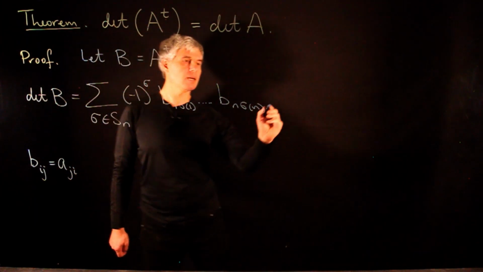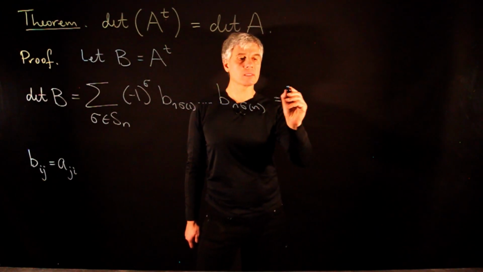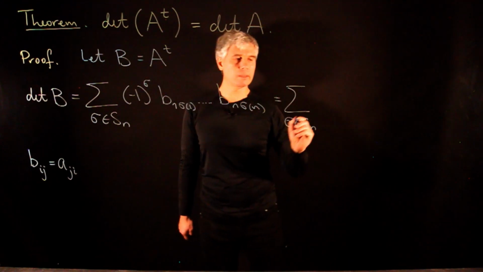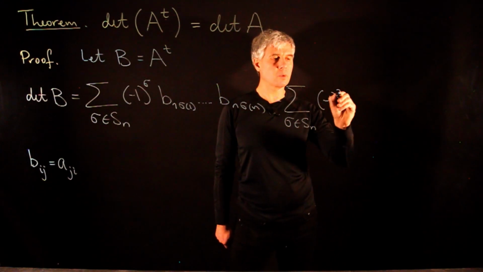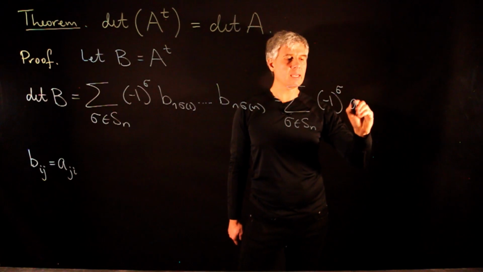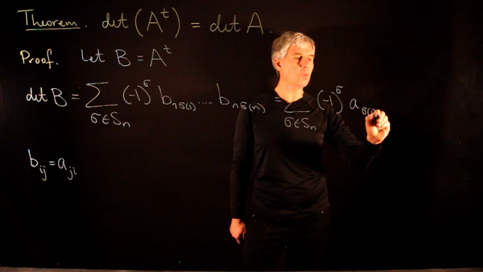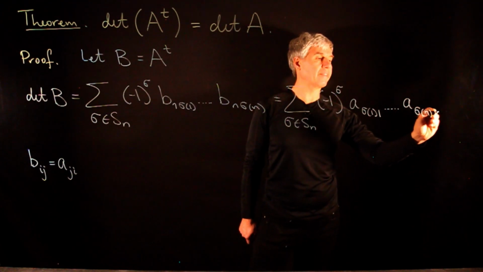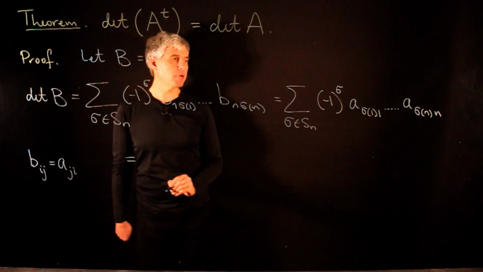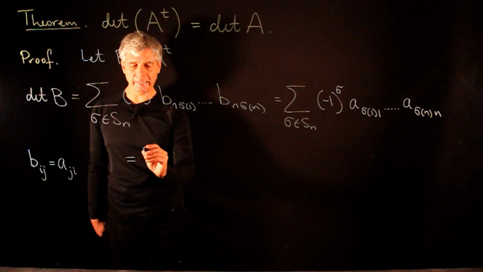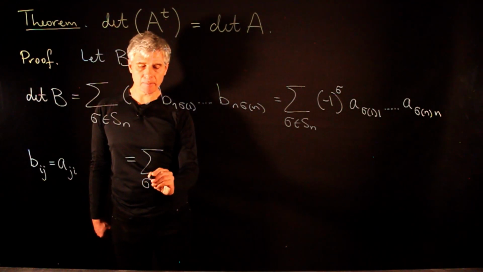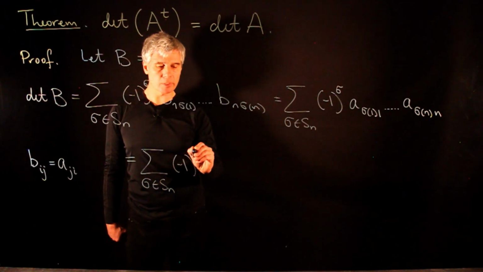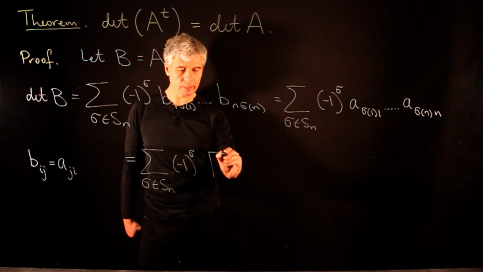So this sum can then be written as the sum over sigma in S_n of (-1) to the power of sigma, a sigma of 1, 1, dot dot dot, a sigma of n, n. Now there is another way of writing this formula more compactly. We can write this as the sum over sigma in S_n of (-1) to the power of sigma times the product.